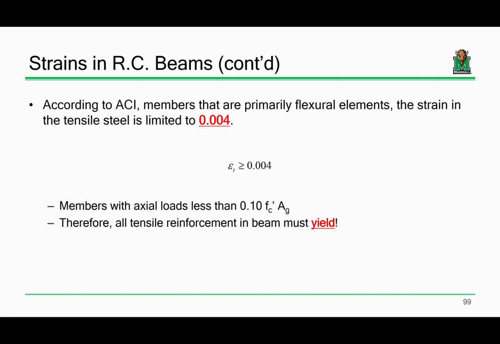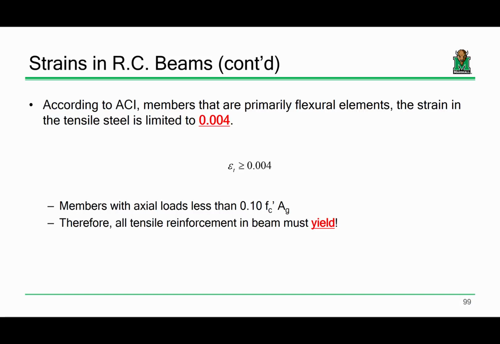Beams are going to have regions in compression and regions in tension. This limit wouldn't apply to something like a column, because in a column all you're doing is squishing it. There is no region in tension in a column. But in a beam, you have regions in compression and regions in tension.